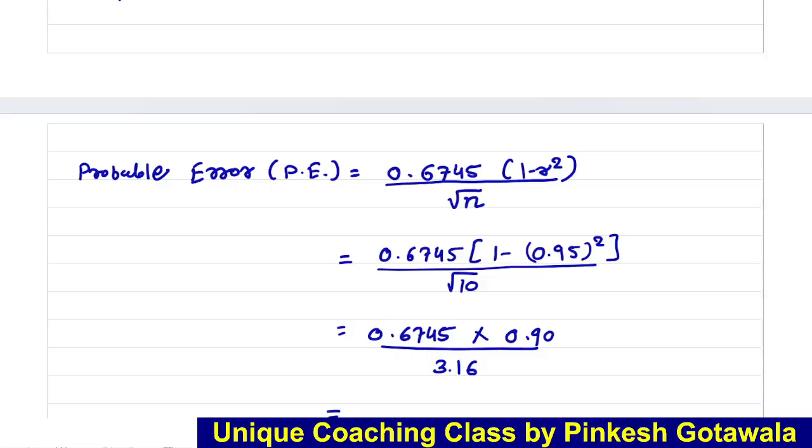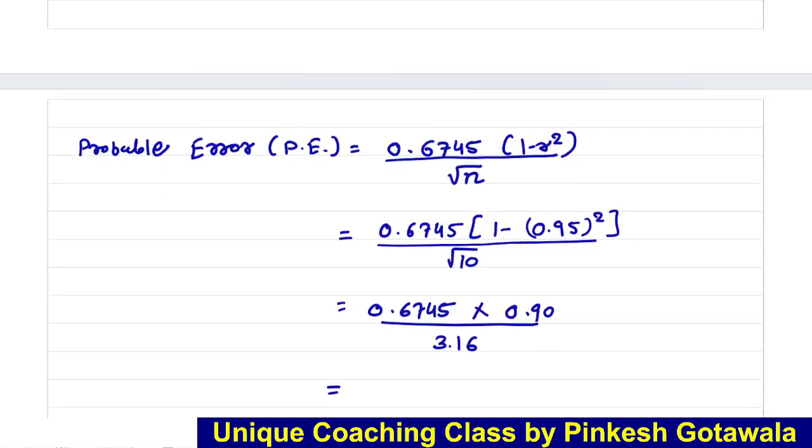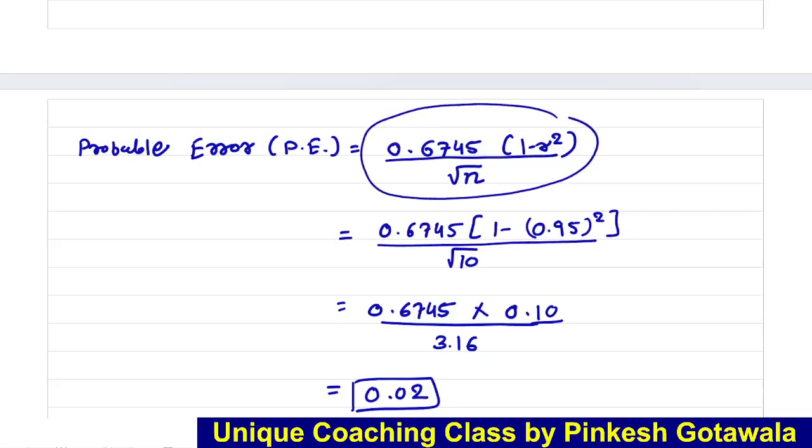So 0.6745 times 0.10 divided by 3.16, we get the answer 0.02. So very simple and easy. For probable error, just apply this formula: 0.6745 times (1 minus r square) divided by root n.